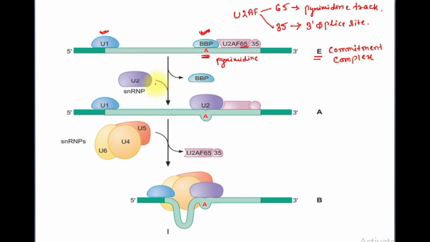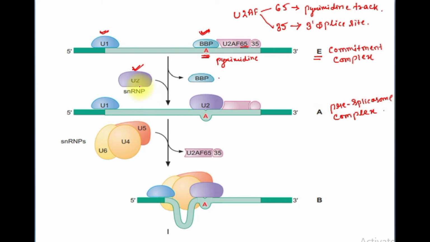In the next step, there is a recruitment of U2 snRNP. When the U2 snRNP comes, the BBP, the branch point binding protein, is removed. This stage is known as the pre-spliceosome complex.